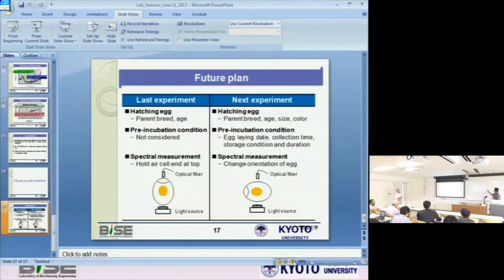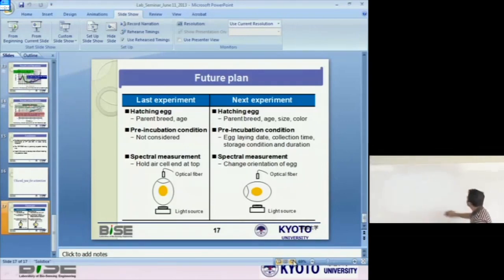We first light from the bottom. We cover all the system with black cloth, and we also cover this optical fiber with another cap to eliminate the effect of this light that passes to the outside of this shell.